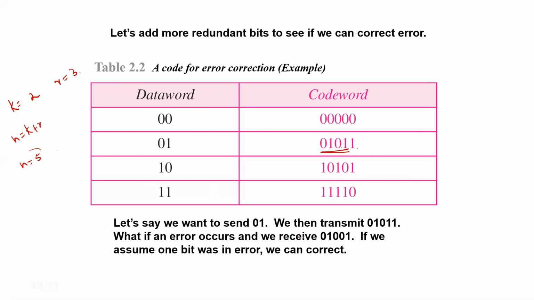If we assume one bit was in error, we can correct it, using the same strategy as in the one-bit error detection of the previous example. So what does it do?